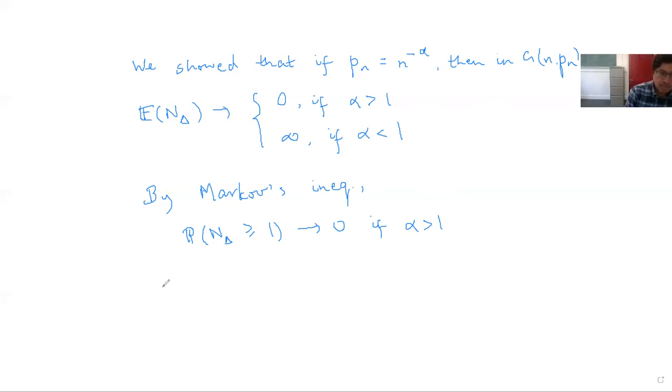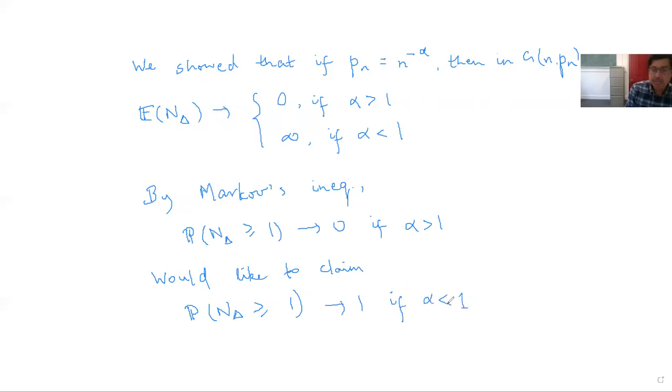But what we would like to claim is the following. We want to claim that the probability of seeing at least one triangle tends to 1 if alpha is smaller than 1. But this is not obvious. Okay, and this is what our counterexample was meant to illustrate. Just because the expectation tends to infinity doesn't mean the probability tends to 1.